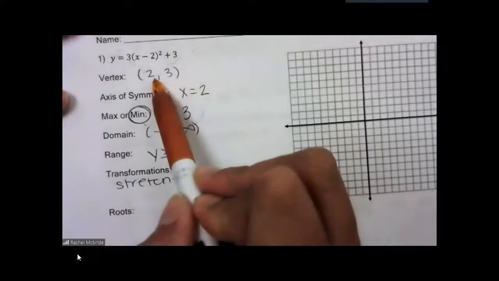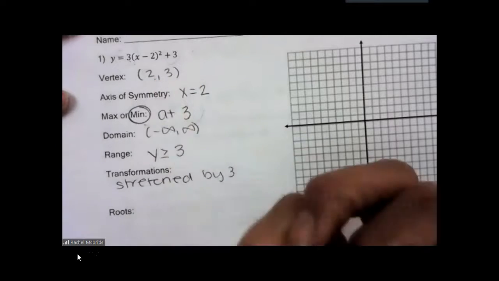Transformations are our words like stretch, compress, right, left, up, and down. So a positive 3 is stretched. A vertex at 2, 3 tells me that it's right 2 and up 3.